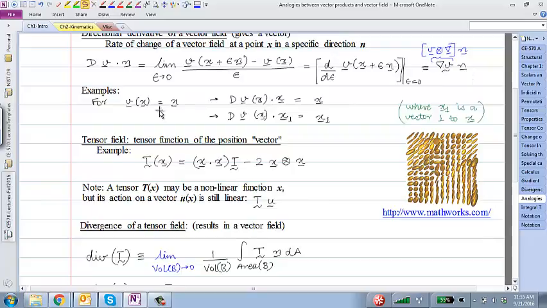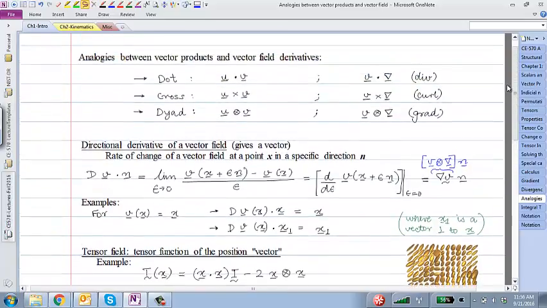What is the gradient of this particular field? Identity. Identity acting on n will just give me n. So if I choose n equal to x, I get x. If I choose n equal to x perpendicular, I get x perpendicular.